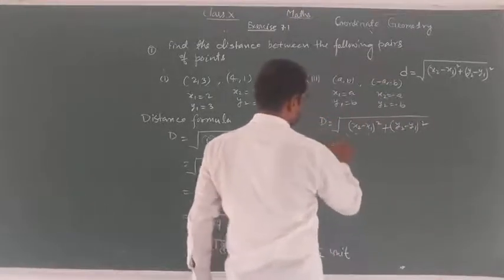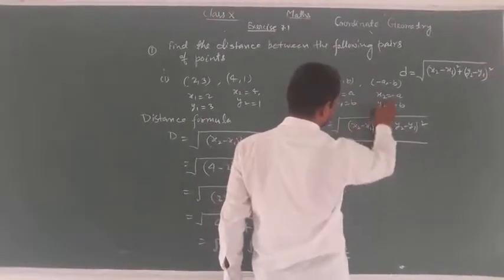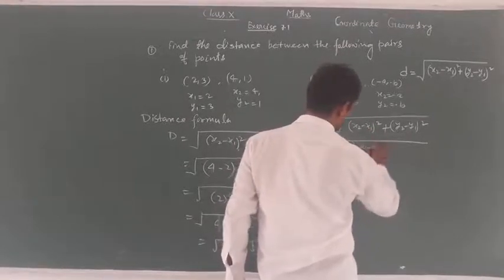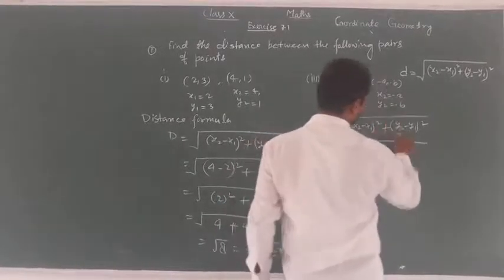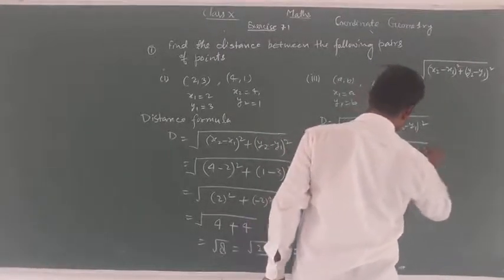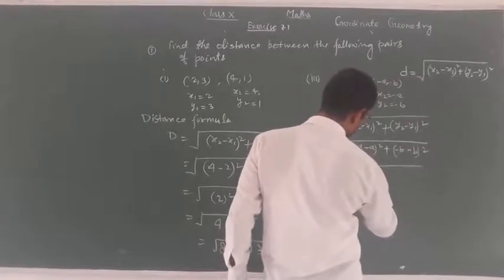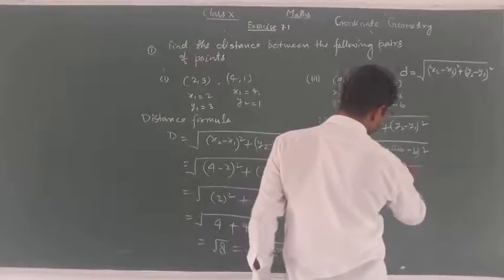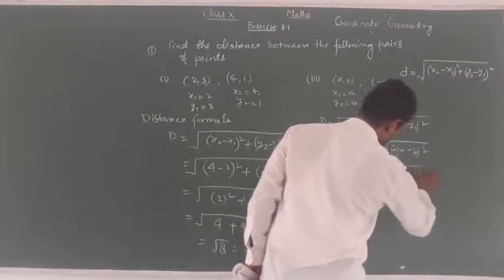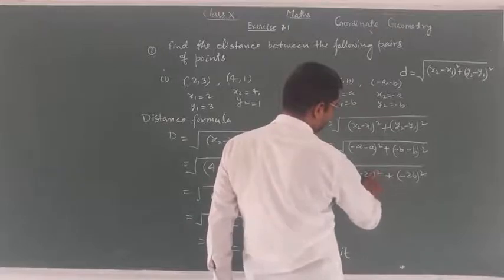Putting in the values: (minus a minus a), which is minus 2a, square, plus (minus b minus b), which is minus 2b, square.